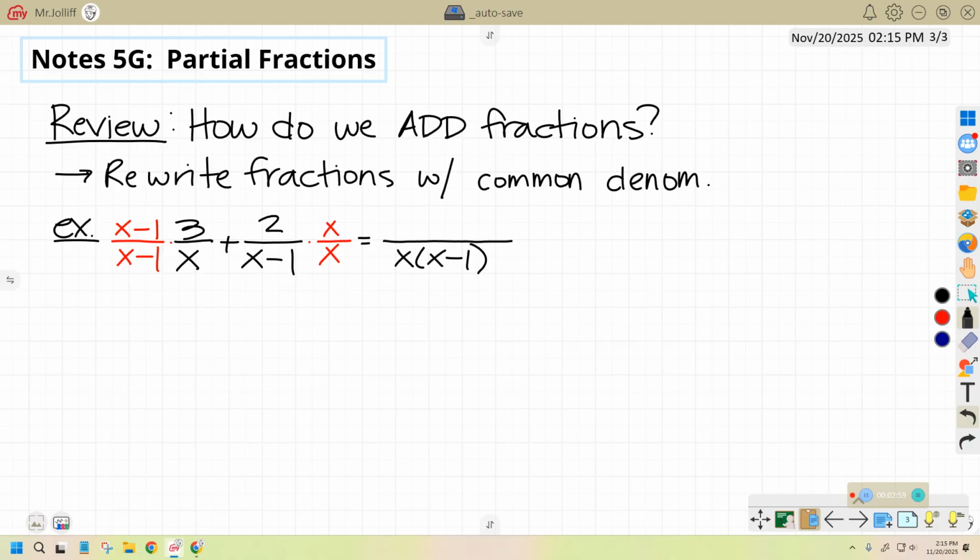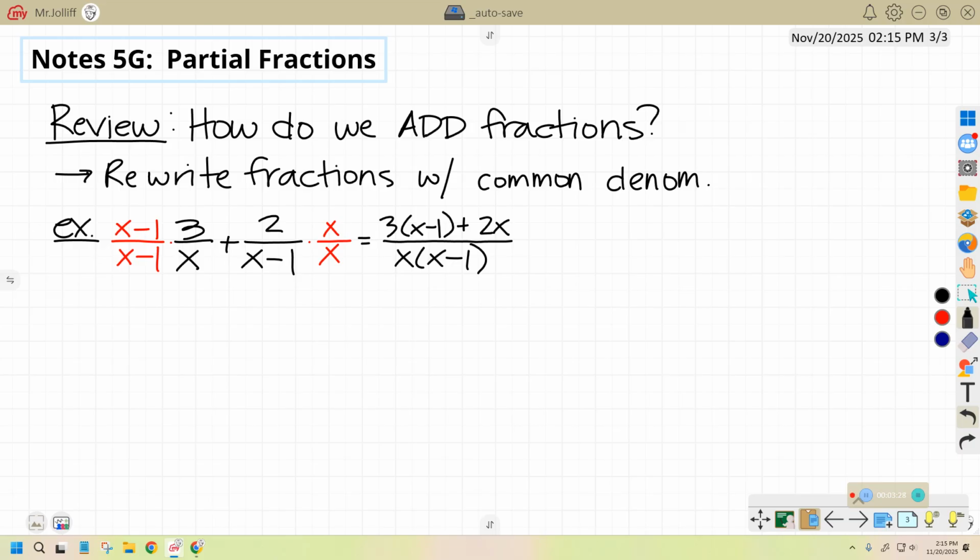The question is, what am I left with in the numerator? And I see a 3 times an x minus 1 plus a 2 times an x. And I want to make that as pretty as possible.